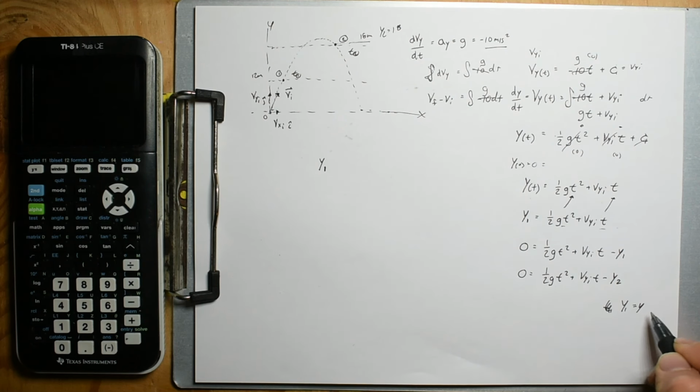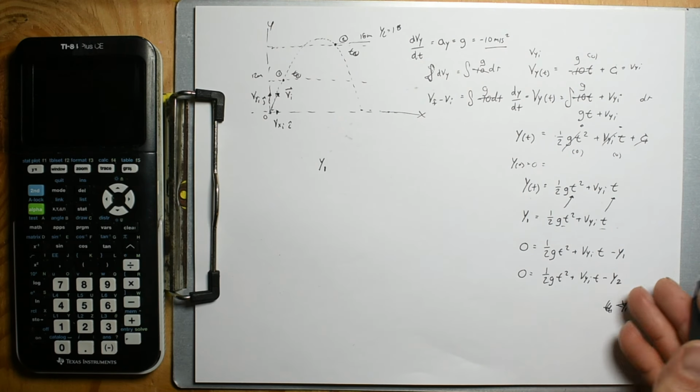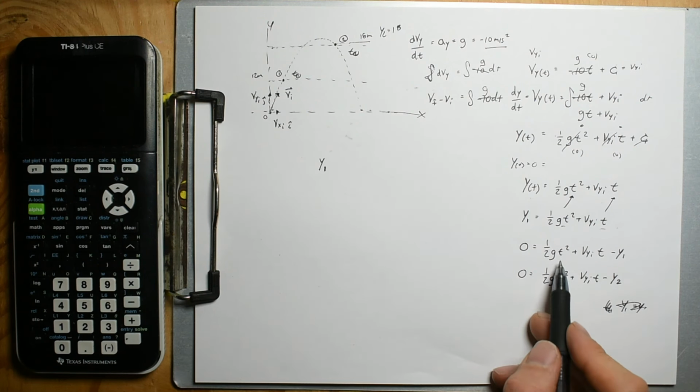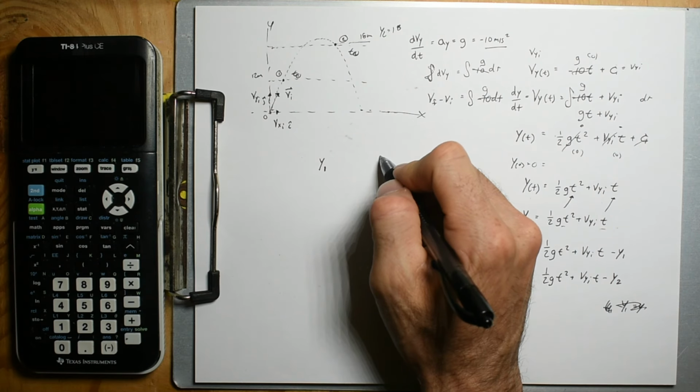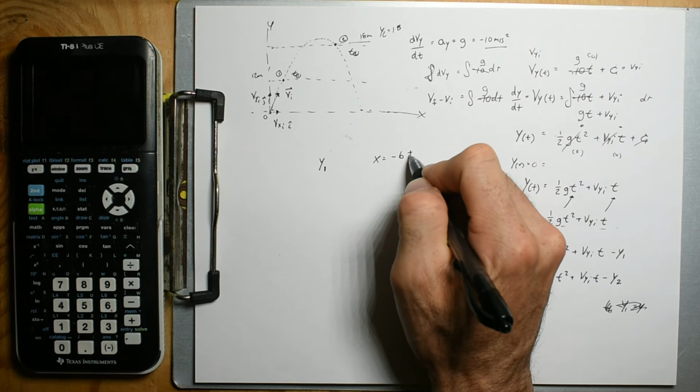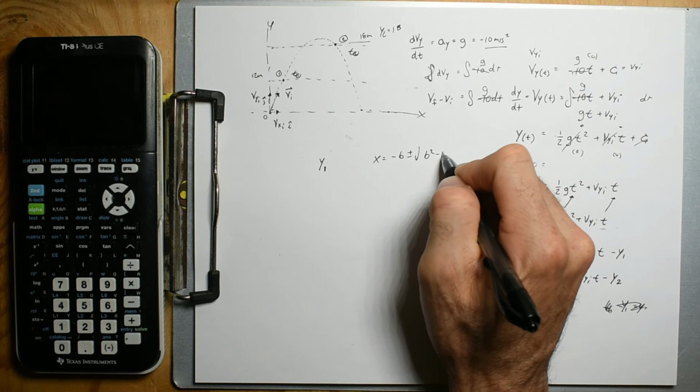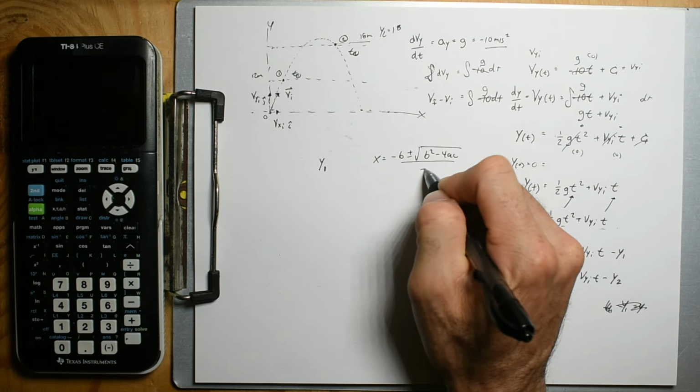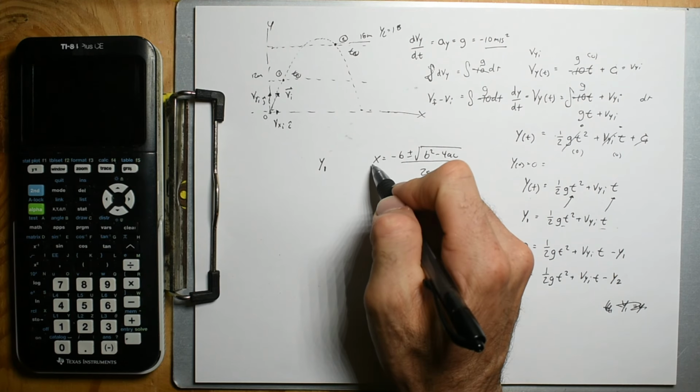Okay, so the solution to both of these, I'm going to use the quadratic formula, that x is equal to negative b plus or minus the square root of b squared minus 4ac, all divided by 2a. And I'm just going to substitute t in here.